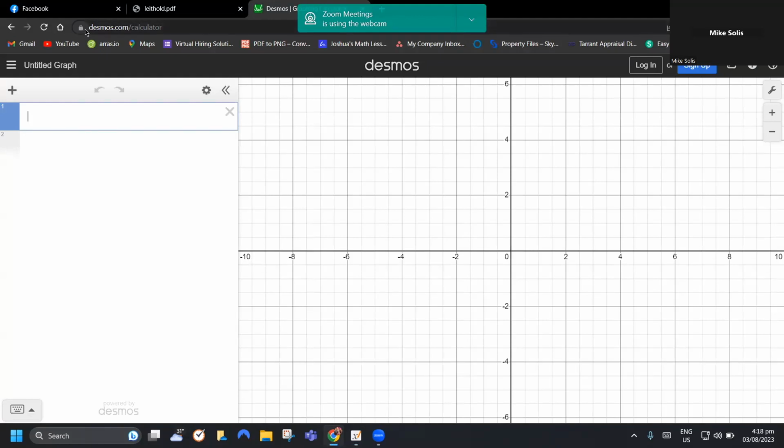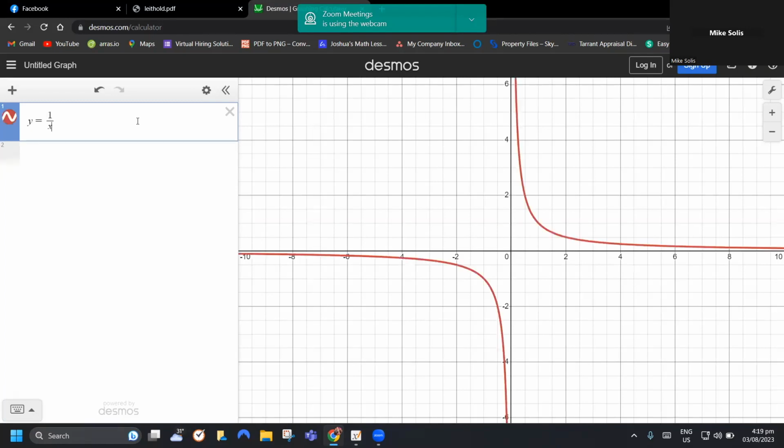Y equals 1 over x plus 1. Gawin mo yung y. Y equals 1 over x plus 1.